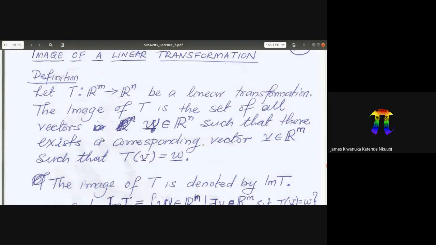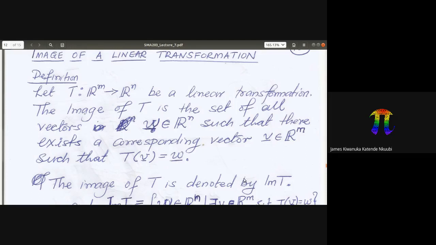In other words, the vectors in here for which there's a corresponding vector in Rm such that that vector is mapped to it, right? So we need to find a vector w in Rn such that there is a corresponding vector v in Rm which is mapped onto w, so that T(v) is equal to w.